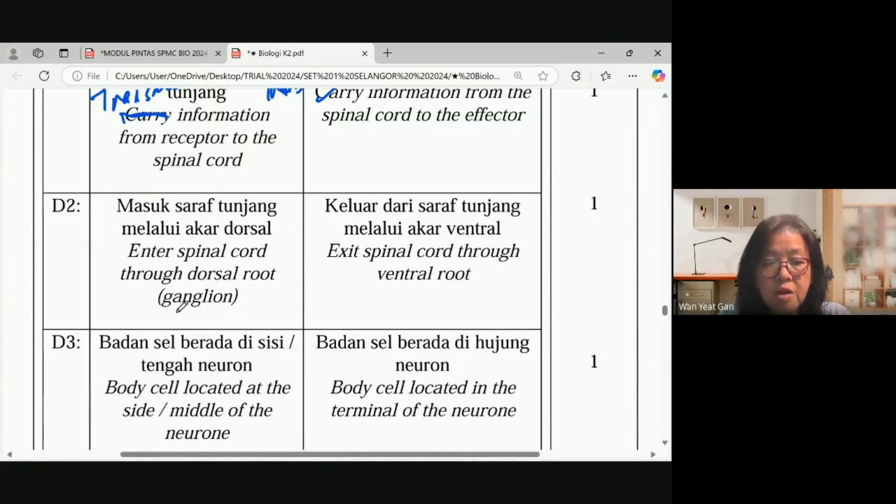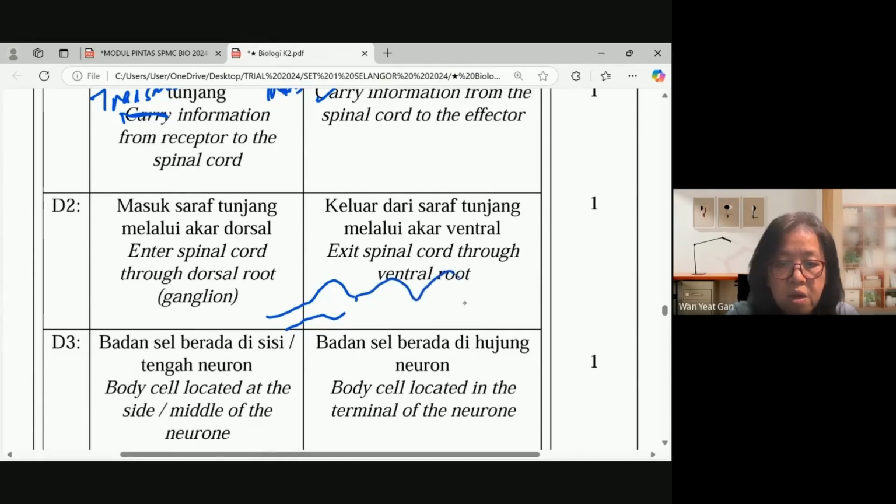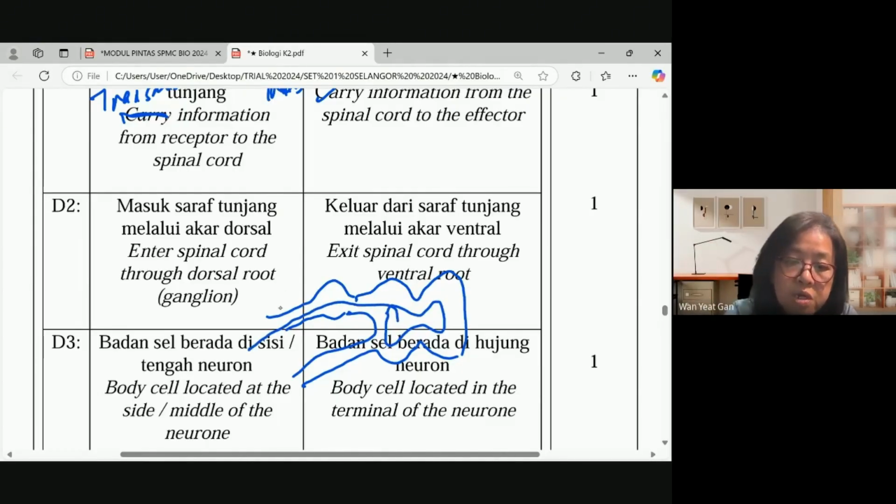Dorsal root ganglion is the bulging area. This is the spinal cord. So it enters into the spinal cord through the dorsal root. This is dorsal root, this is dorsal root ganglion, and this is ventral root. It comes out through the ventral root.